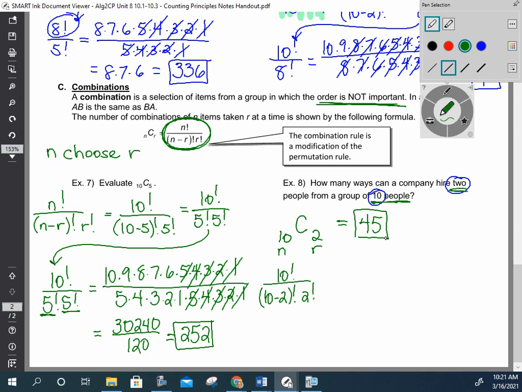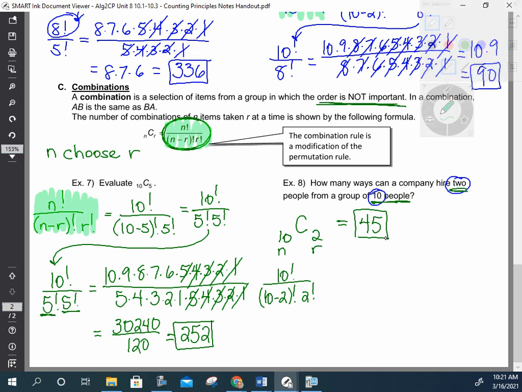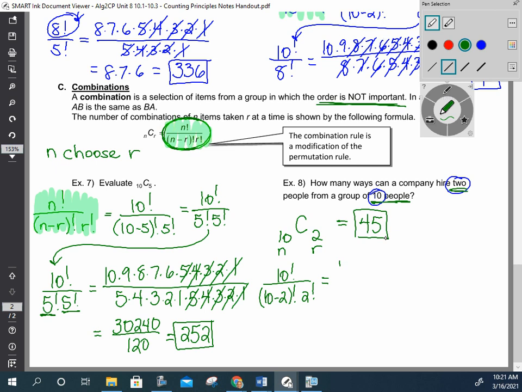So I'm still using the same formula. So that's 10 factorial over 8 factorial, 2 factorial.